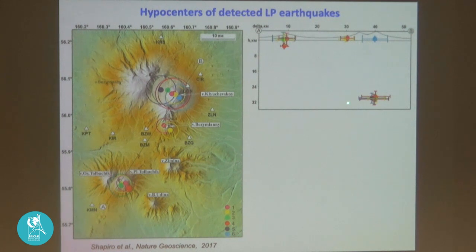It turns out that when we identified templates and detected all these long period earthquakes during 2 years, all their sources are located in very specific regions that are shown with these circles, actually beneath the 3 main active volcanoes, Tolbachik, Bezymianny, and Kluchevskoy.